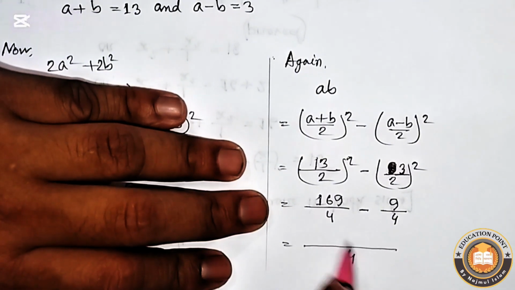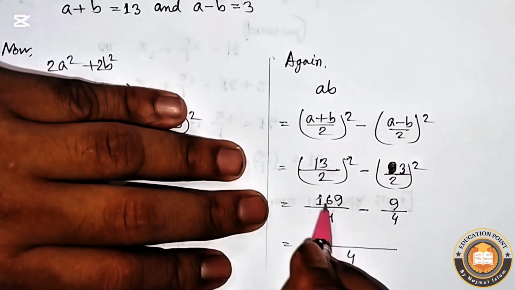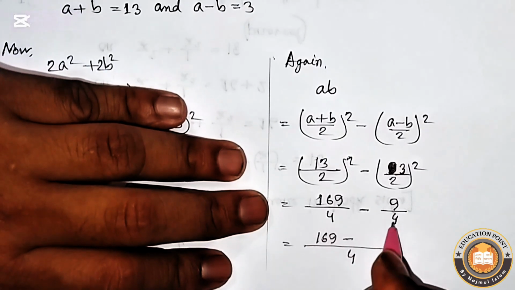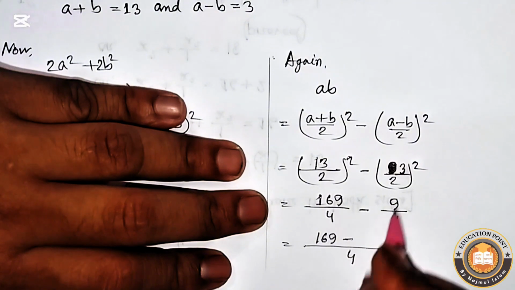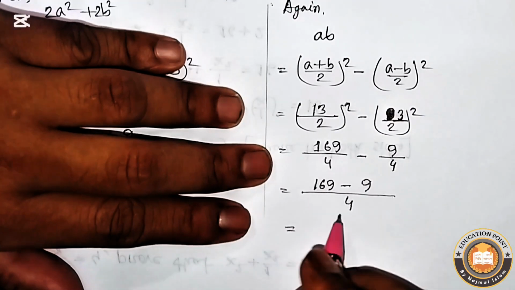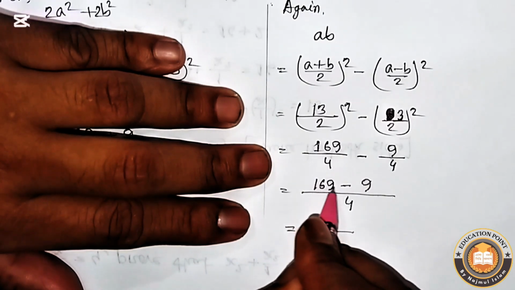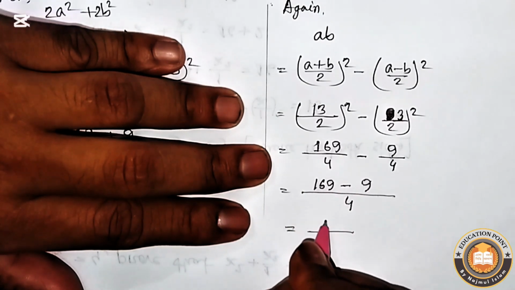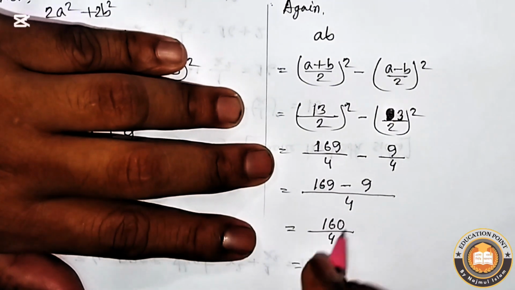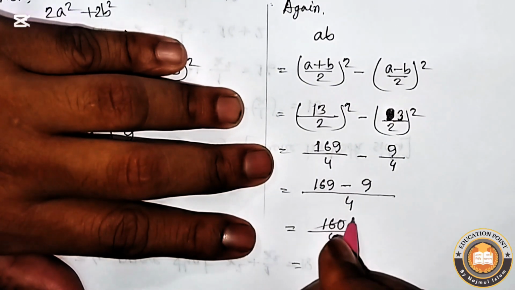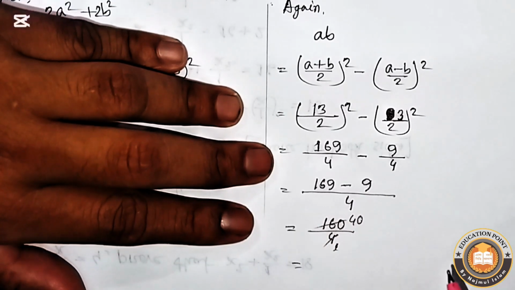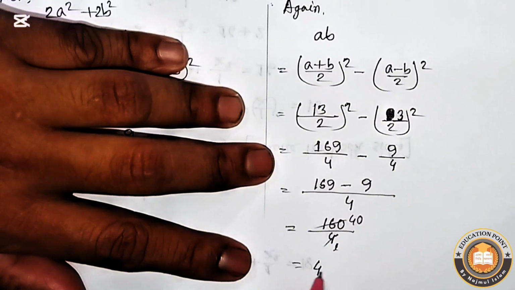LCM value is 4. 4 divided by 4 equal 1. 1 multiply 169 equal 169, minus 4 divided by 4 equal 1, 1 multiply 9 equal 9, equal subtracted value of 169 and 9 equal 160 divided by 4. 4 tens are 40, so equal 40.